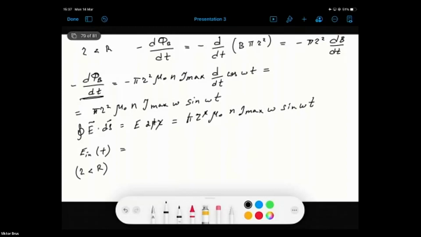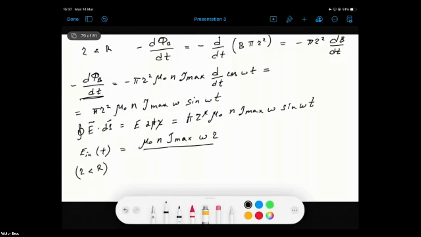That will be equal to mu naught times n, the density of coils per unit length, times I maximum, times omega, and here will be small r, the distance from the axis of the solenoid to the point where we want to determine the induced electric field.